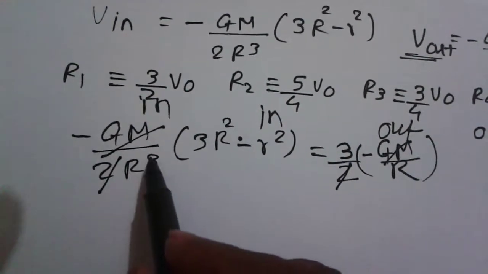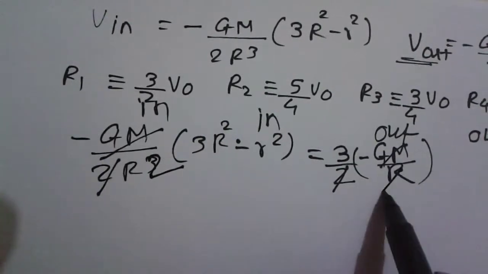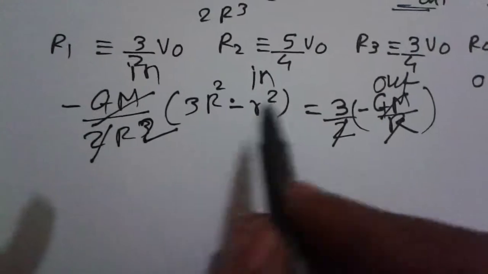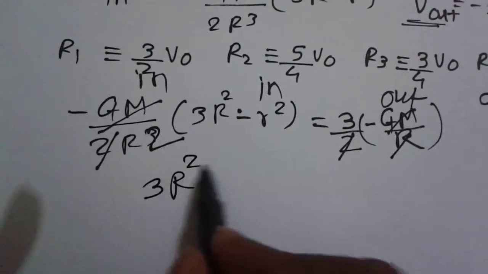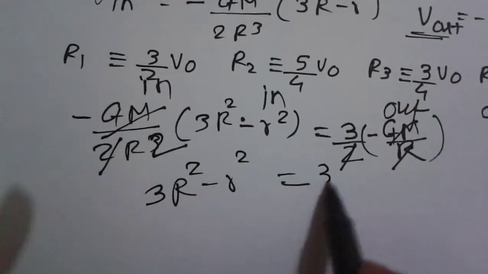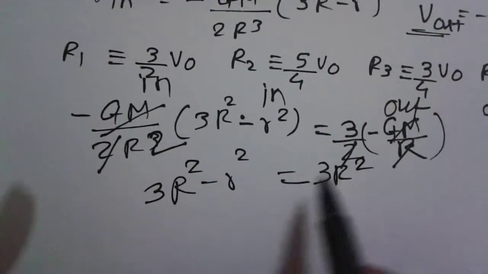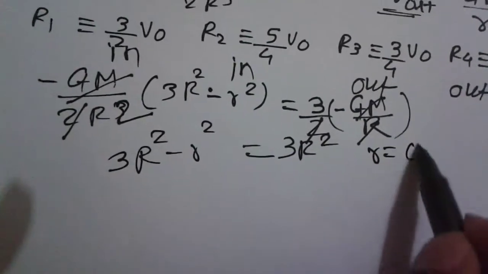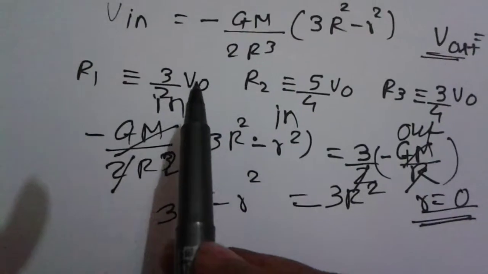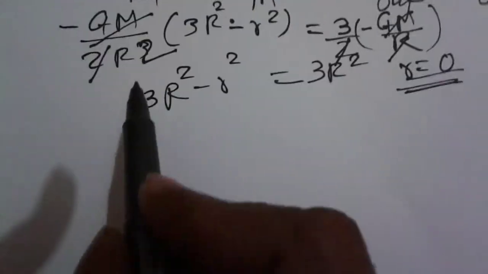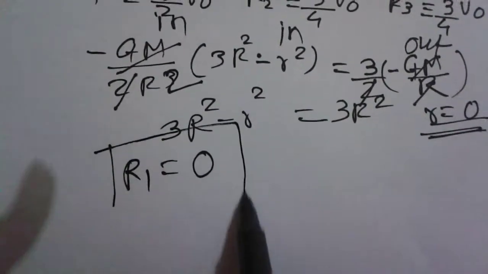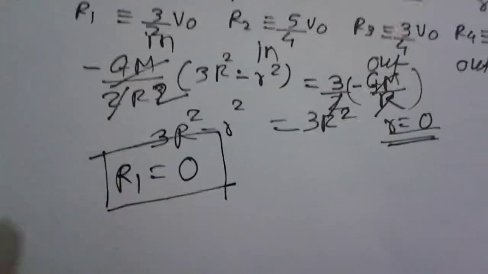This R cube will become R square as this R cancels, and this minus will also cancel, and what I will get here is 3R square minus r square. You can see this R square will go here, 3 is here, is equal to 3R square. Again 3R square cancel, and that gives me r is equal to 0. This means this potential 3/2 V0 is at the center, and that is why R1 is 0, because it is at the center. So we got our first answer, that is R1 is 0.